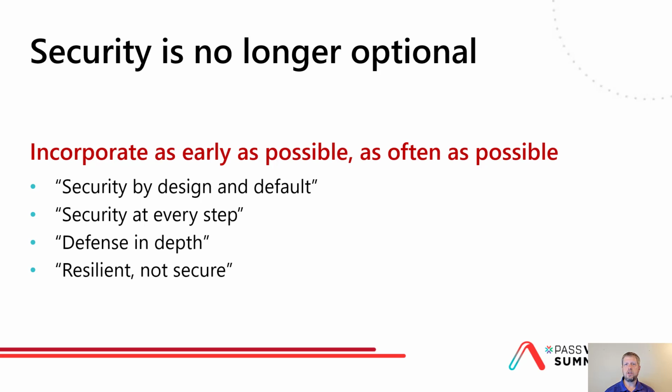Think about having those multiple layers that can back each other up. Think about and make sure you have a plan for how you're going to recover quickly, how you're going to minimize the damage in case there is a breach or in case there is some sort of failure. That is how you build a truly resilient environment that is able to be recovered quickly, not just something that is viewed to be secure and hardened.